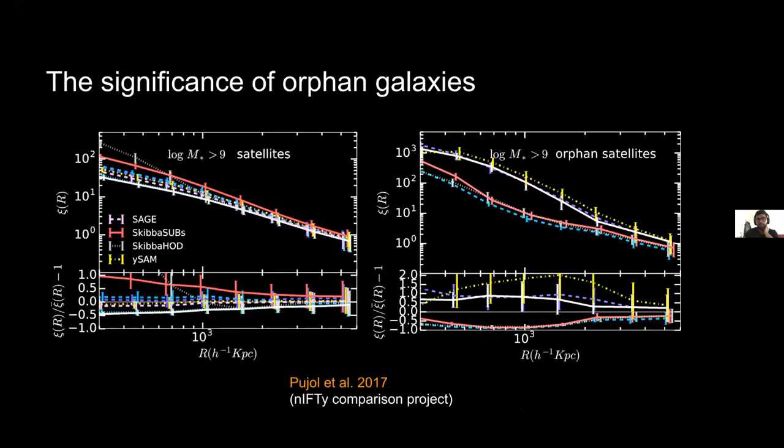So if you then try and fold this through to a measurement of clustering, we can see what actually happens. The left-hand panel shows the 3D clustering of galaxies more massive than about 10 to the 9 or so. And different models are shown in the different lines.